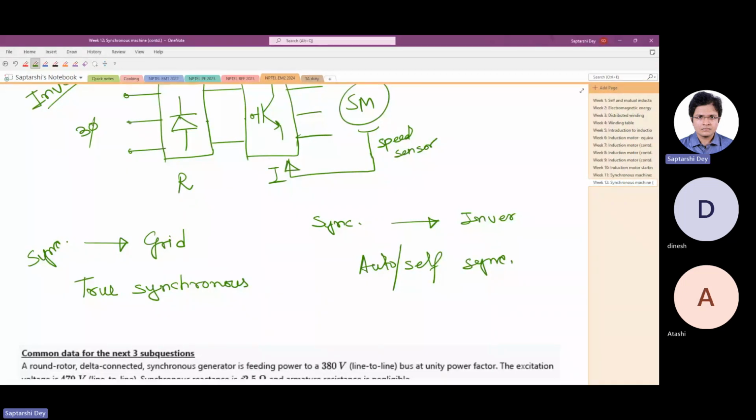These auto synchronous machines are always in synchronism. At the starting also they are in synchronism. The frequency of the stator winding supply is determined by the rotor speed.